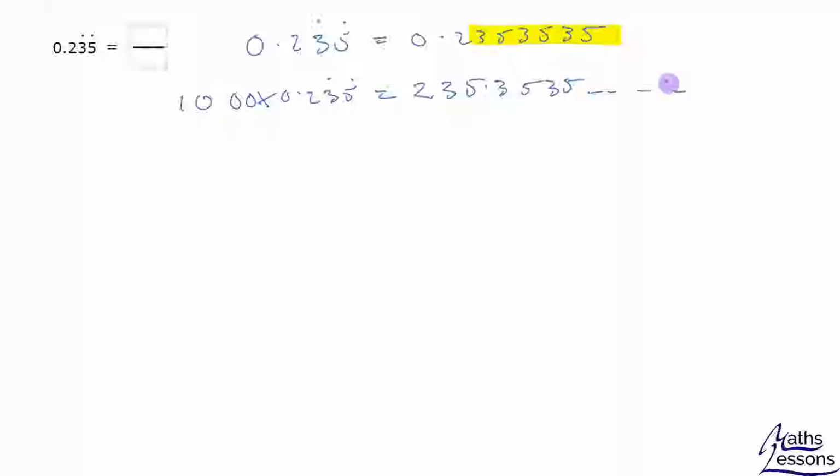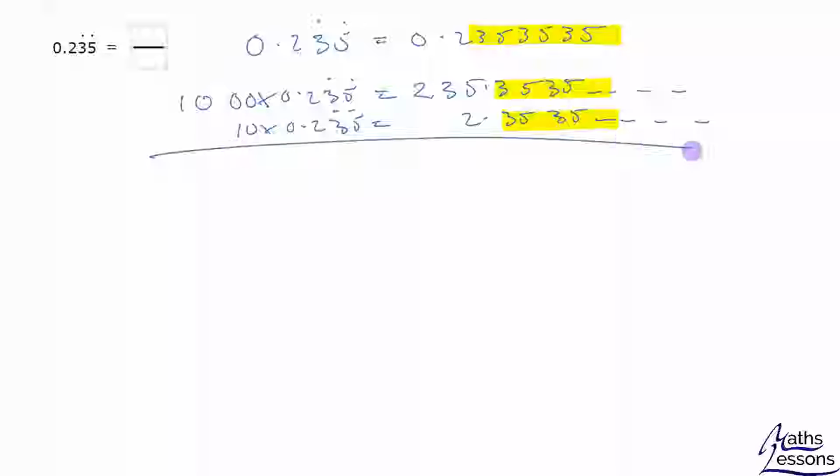And then if you do 10 times 0.235 recurring, you get 2.3535 and so on. And you can see we've got the 3535s matching up exactly.